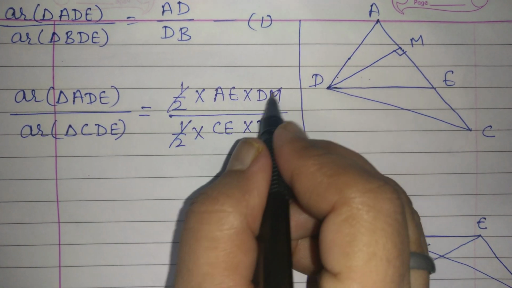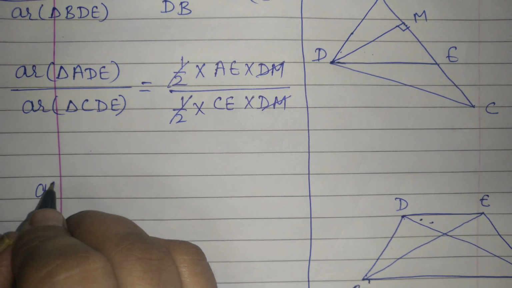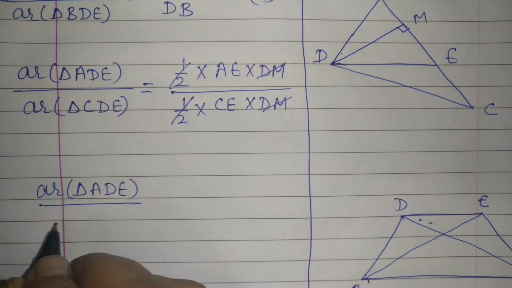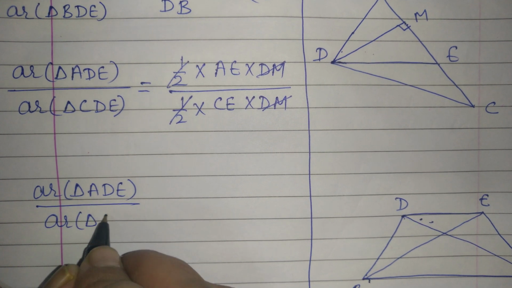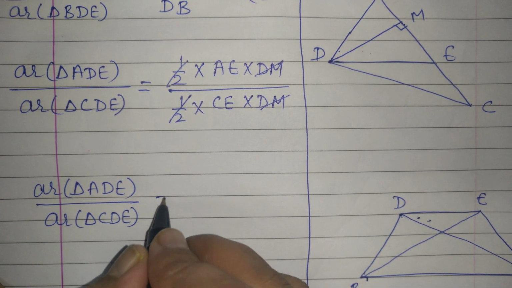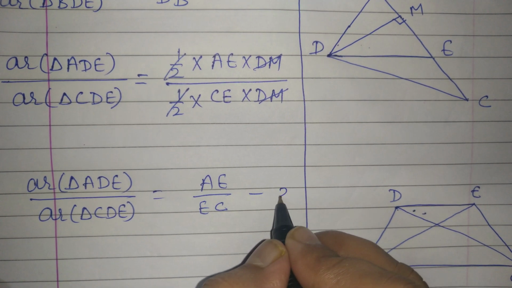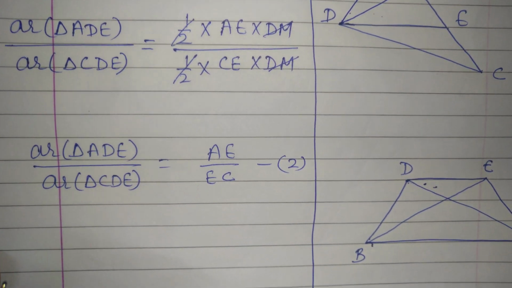Cancel the common factors. We will get area of triangle ADE upon area of triangle CDE is equal to AE upon EC. Let us take this equation number 2.